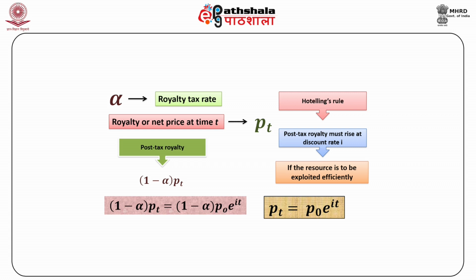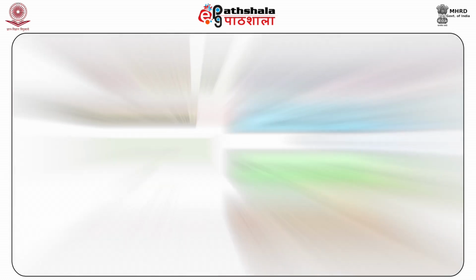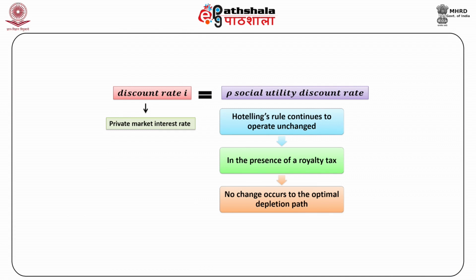That is, (1 − α)Pt = (1 − α)P0 e^(it), or Pt = P0 e^(it). It must be noted that the discount rate i derived from the private market interest rate may be treated as equal to ρ, which is the social utility discount rate, under certain assumptions.